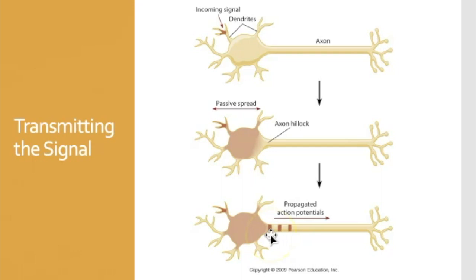We're going to have a new depolarization event. You can see that action potentials get regenerated, propagated, all the way down the length of the axon. And that's important because axons are very long, or can be very long, and we need that signal to keep going. The only way to keep that signal going is to propagate it, to make it continue again and again and again.